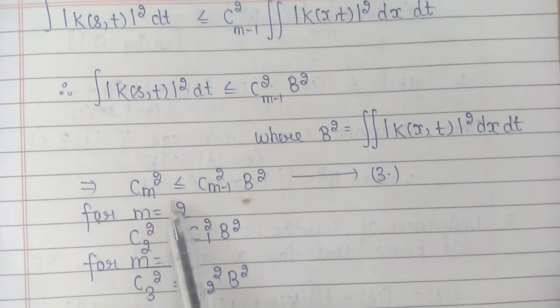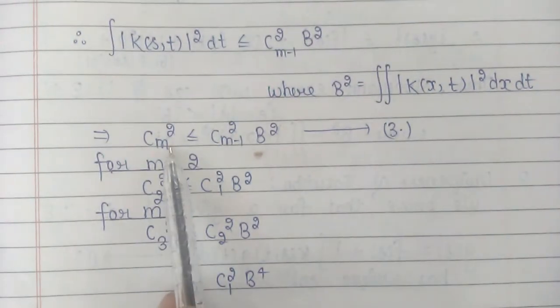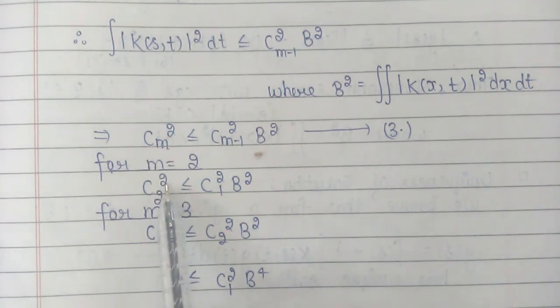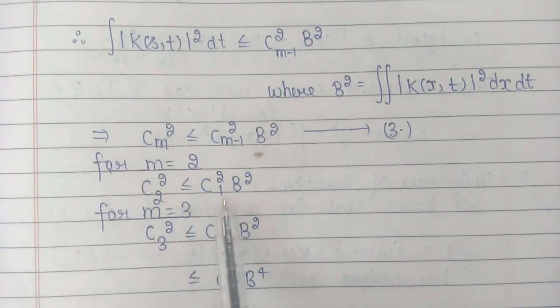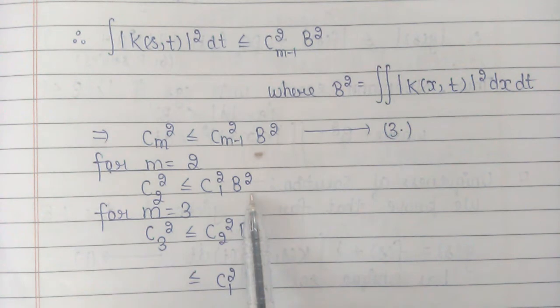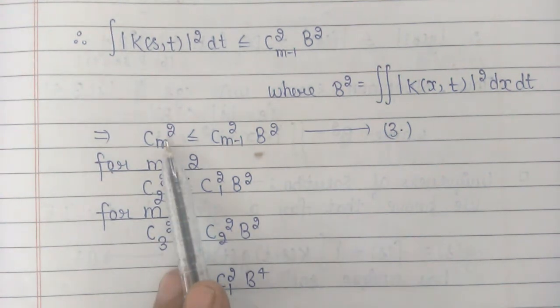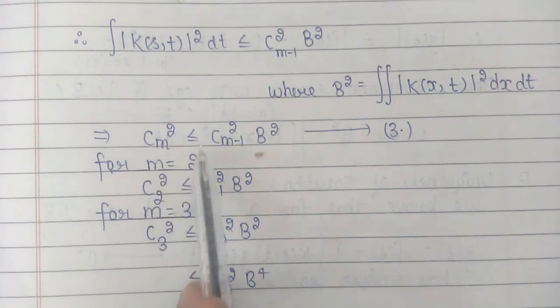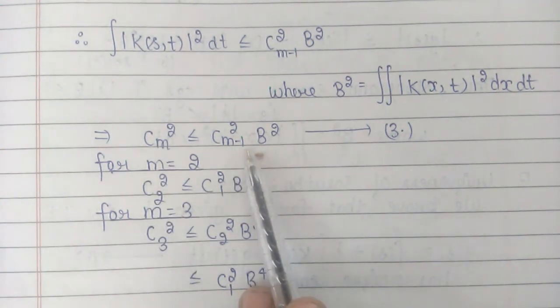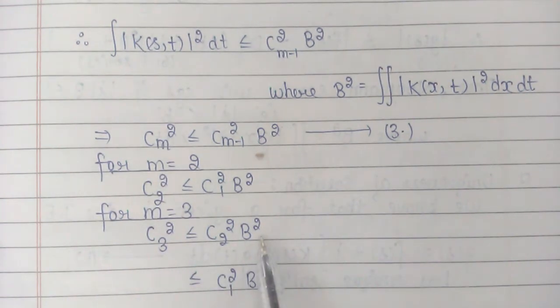Now substituting m equal to 2 here, we get c_2^2 less than or equal to c_1^2 times b^2. If we put m equal to 3 here, we get c_3^2 less than or equal to c_2^2 times b^2.